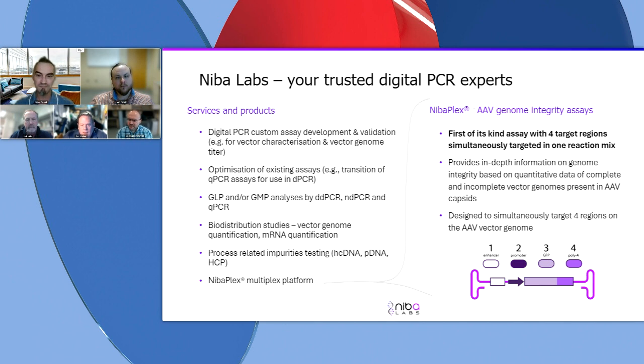I would add here, if I can. One thing you mentioned about the sequencing, and yes, it's a very good detailed description of the genomic content of the AAV. However, I would say no matter what you do, it would be time consuming and way more expensive. And here I see digital PCR as a tool which can help us to assess the genomic integrity, maybe even with slightly less detail.